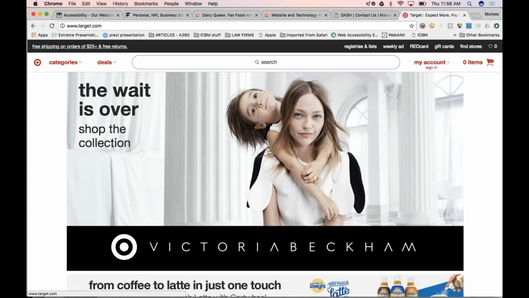And then if I tab again, we're walking through the website and you see this line underneath where it indicates where I am. That is what we want to see on site so that we know that the focus indicators are working and people who use keyboard-only navigation can get through and land on the sites that they want to land on.